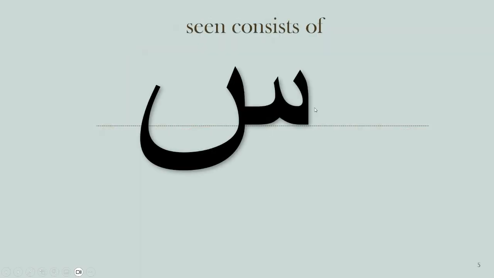It's easy to pronounce, Sin, almost like the letter S in English, but the only difficulty is how to write it. It has a lot of shapes in it. We have 3 lines. Actually, in Arabic, we tend to say teeth. It has 3 teeth.